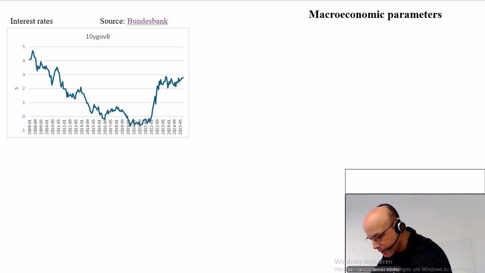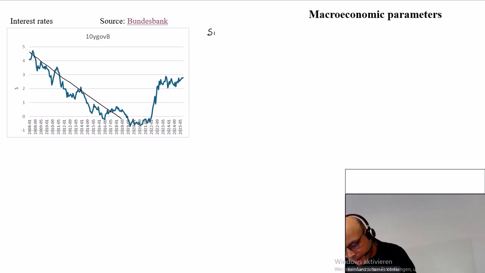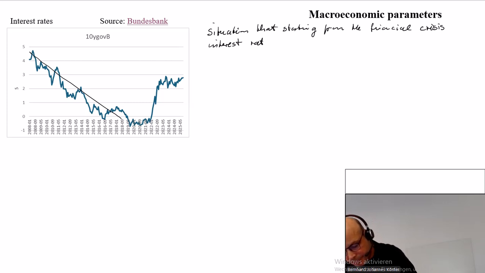Yeah, and what we see here, we really had the situation that starting from the financial crisis, interest rates went down to zero and even below zero.